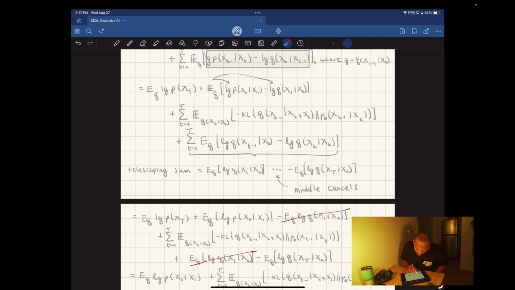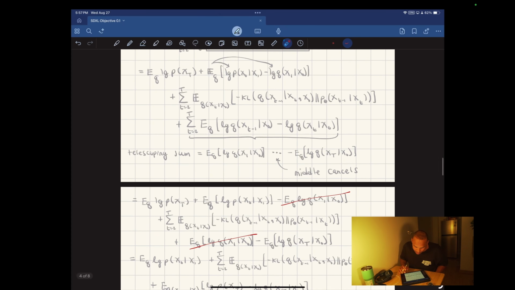So essentially I'm gonna remove this sum and this indexing, and I'm just gonna expand the whole thing out, okay? And what happens is when you expand the whole thing out, you'll find that everything in the middle cancels, all right? So this telescoping sum results in cancellation of everything in the middle, and you end up with the two extremes, all right? So this equals this and this, or this minus this.